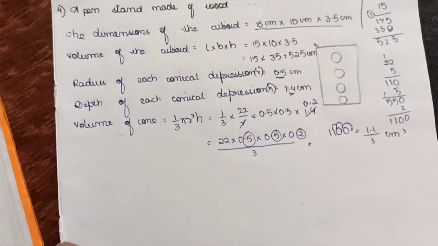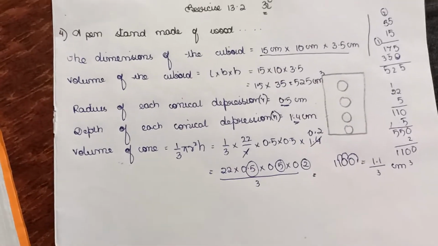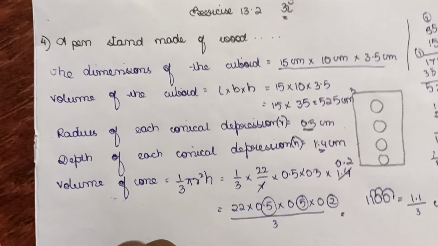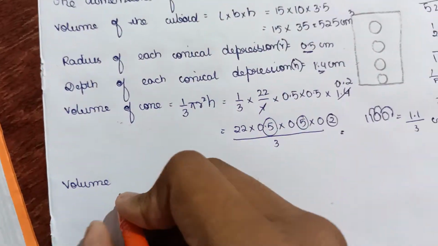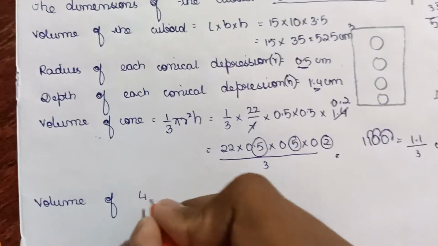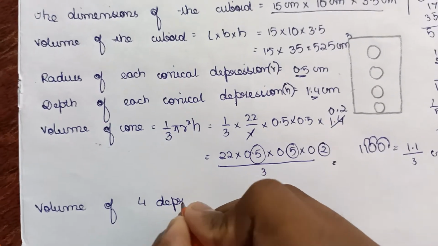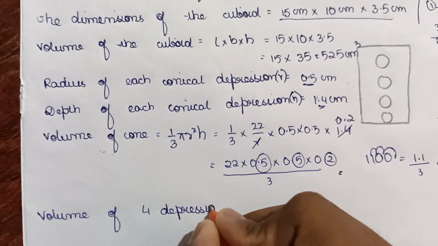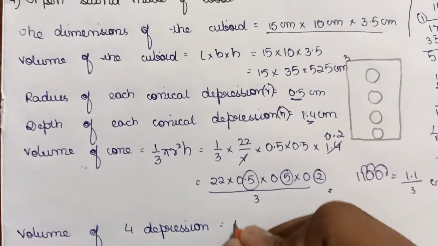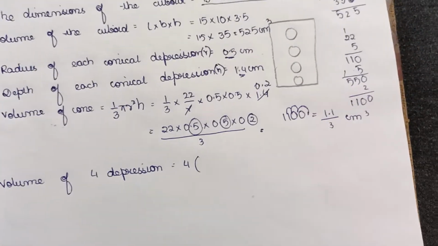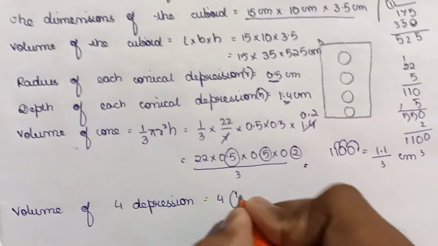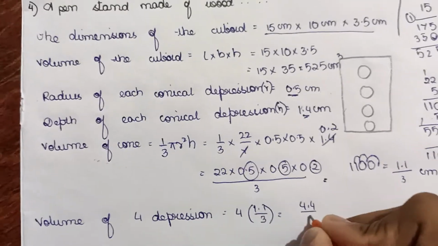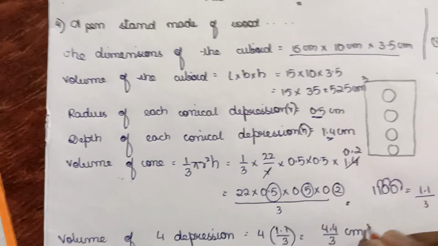But it's given in the question that there are 4 depressions. So let's multiply the volume of each depression by 4 so that we get the volume of 4 depressions. Volume of 4 depressions is equal to 4 into 1.1 by 3, which is 4.4 by 3 centimeter cube.